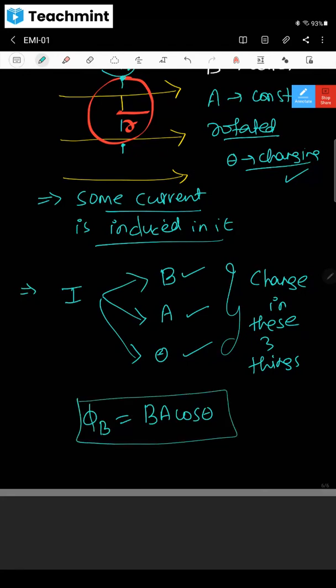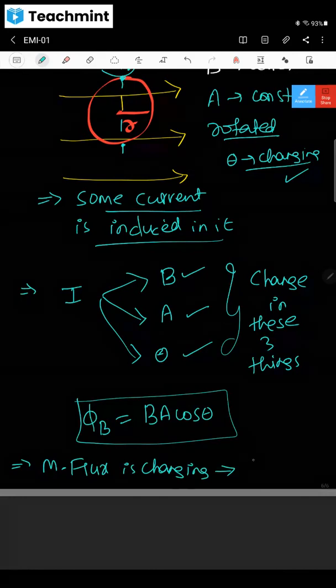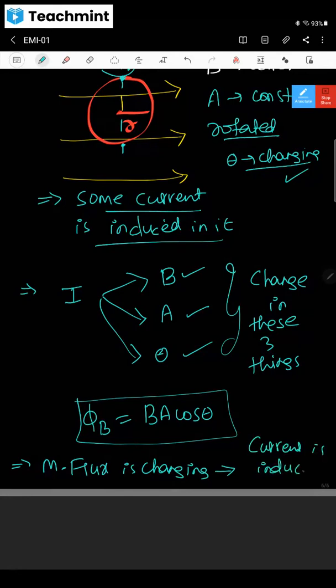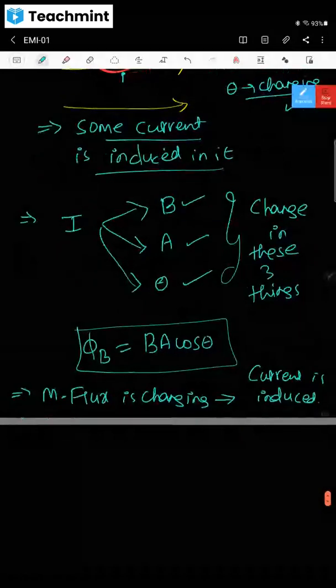That means somehow, by one method or the other, if magnetic flux is changing, then what is coming here? Current is coming, or current is induced, or not? Yes or no? Please tell me.